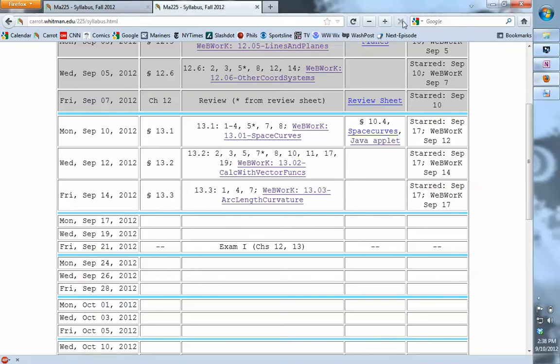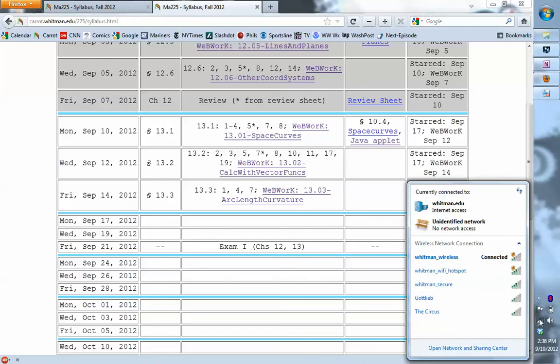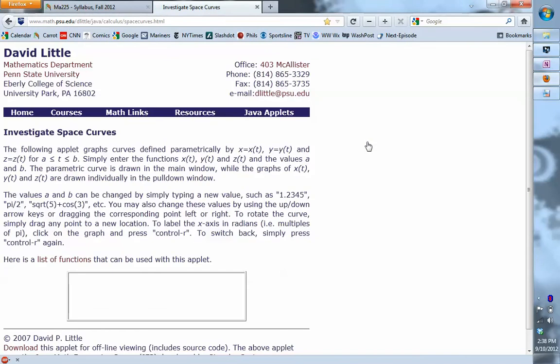Thank you. Okay, turning off the networking, turning it on. Okay, that looks promising. Let's try this again. Okay, let's give Java a chance to start up.